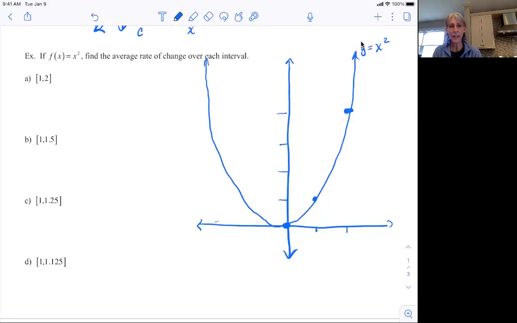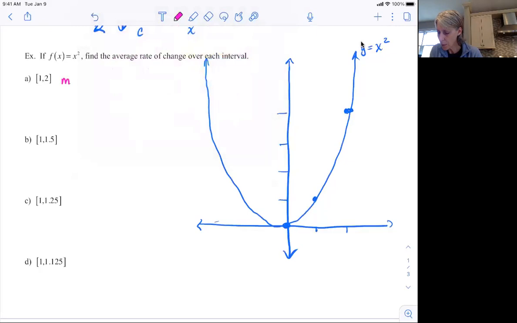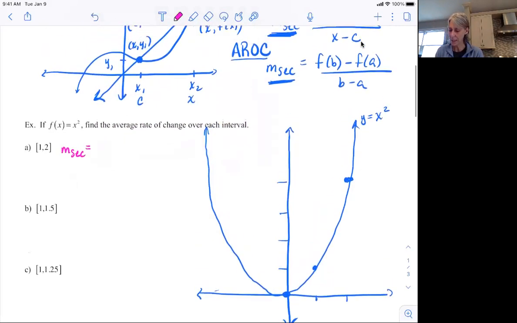Basically, if I want to find the average rate of change on the interval 1, 2, I'm looking to find the slope of the secant line. I want to make it noticeable. So really in this interval, this is my a and this is my b, or my c and my x.